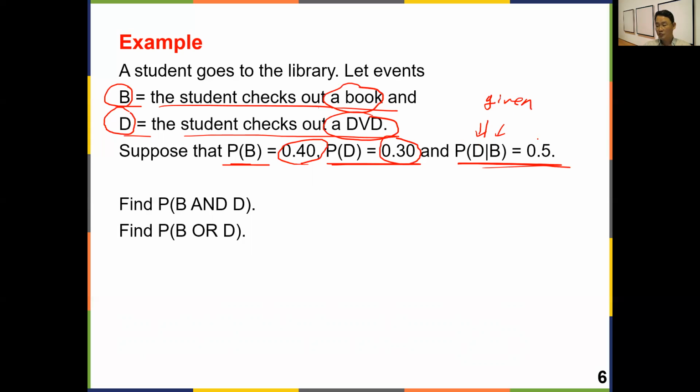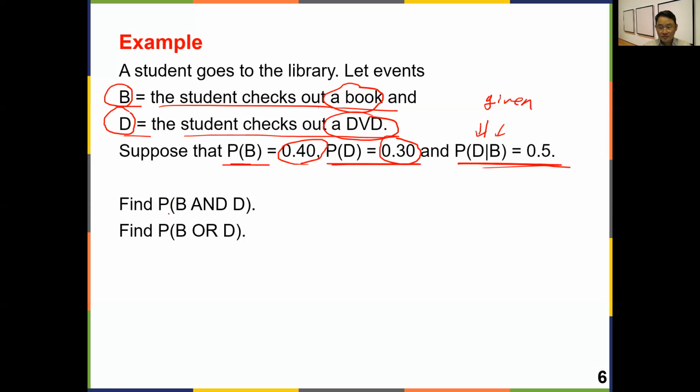This is conditional probability. So when you check out things, you tend to check out a few items. The probability that a student is checking out a DVD, given that the student is checking out a book, is 50%.